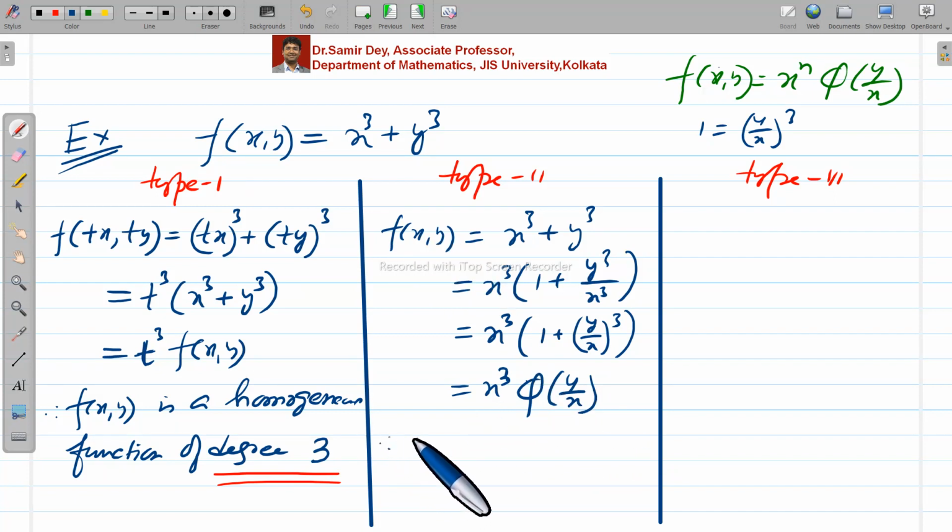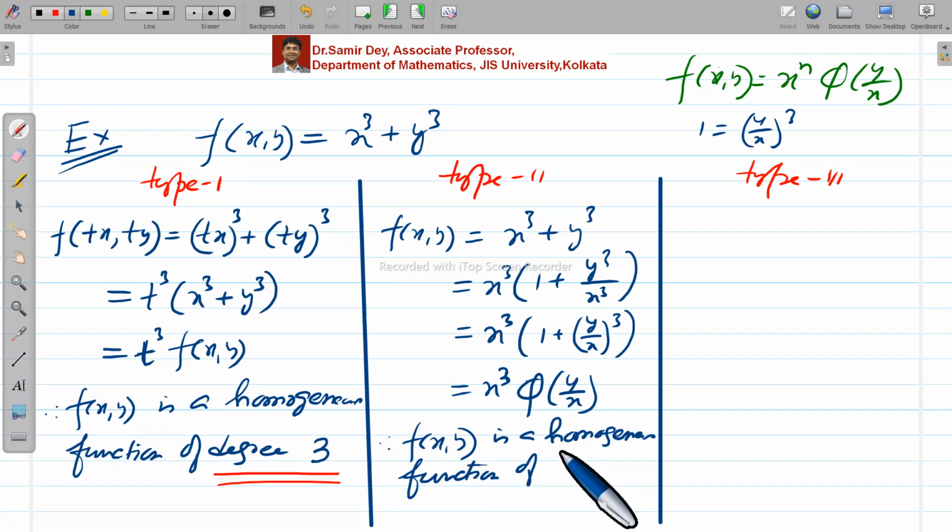So f(x,y) is a homogeneous function of degree 3. Clear? So this is also another approach. Third one is the same, you check.